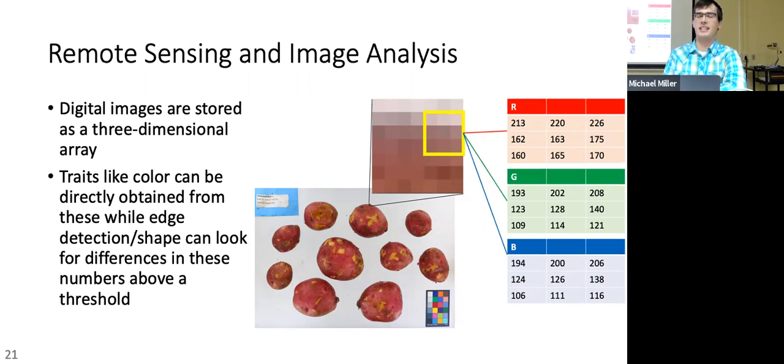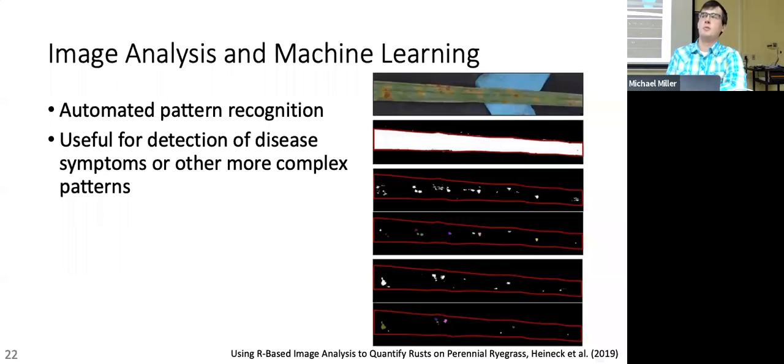And so you can take that to another level using machine learning, which has a lot of not helpful definitions. The most helpful I've found is automated pattern recognition. And so it's useful for picking up on more complex patterns that you can see in images. So for example, this perennial ryegrass leaf here is infected with both stem rust and crown rust.